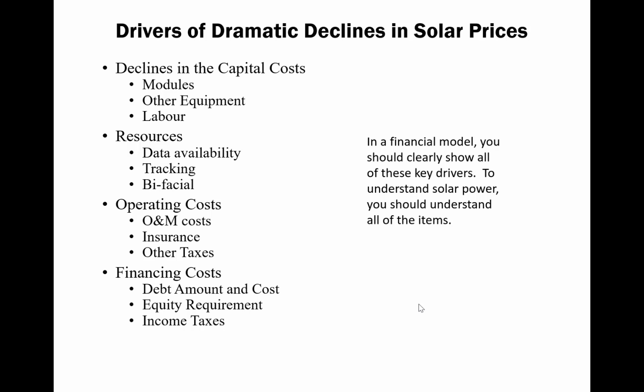The operating costs might not have changed quite as much, but they've come down. We've got a little more transparency on what's going on. We have to be very careful with operating costs to include everything, including insurance and taxes and the cost of any land you might have. So when you're comparing one with another, we've got to be a little bit careful.